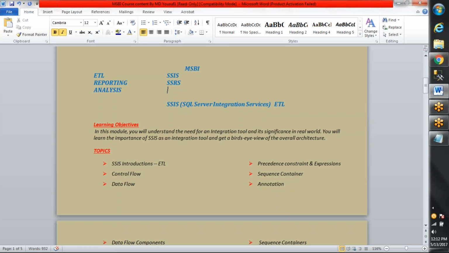We also have one more module called SSAS, which is used for analysis. Most of the time SSAS is used for performance improvement.